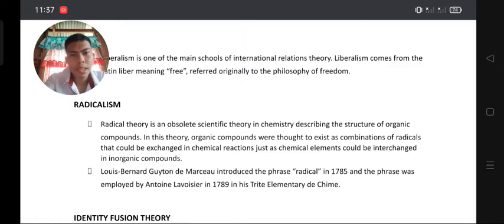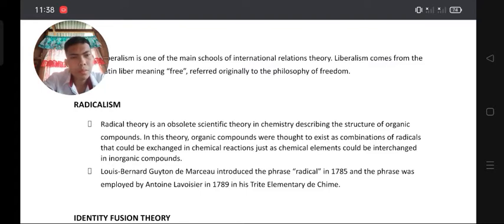Radicalism. Radical theory is an obsolete scientific theory in chemistry describing the structure of organic compounds. In this theory, organic compounds were thought to exist as combinations of radicals that could be exchanged in chemical reactions, just as chemical elements could be interchanged in inorganic compounds.